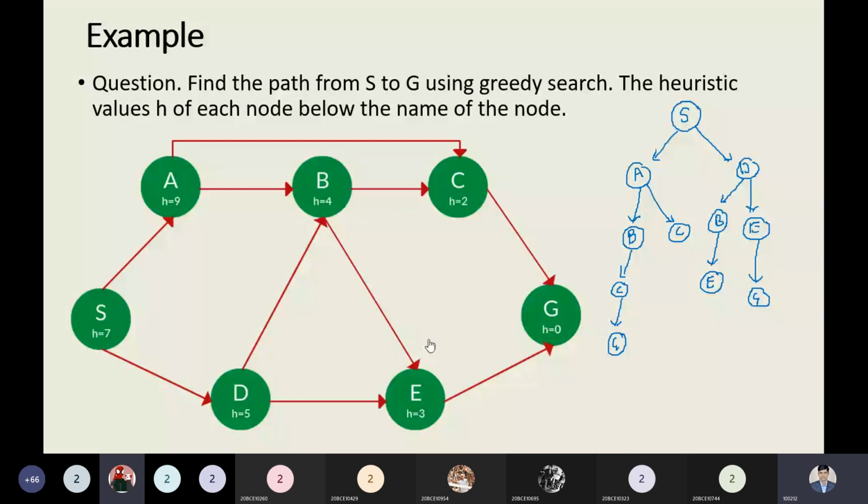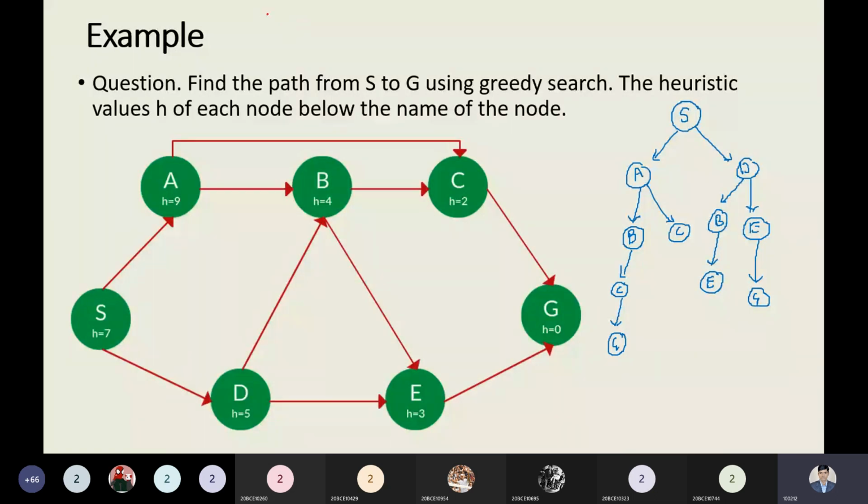So S, T, E, G. Okay, let me write here. According to you, S, D, E, G. Okay, because we have only two paths here.